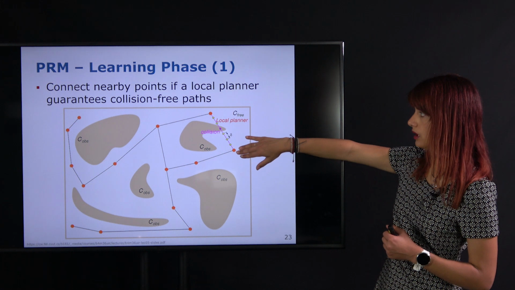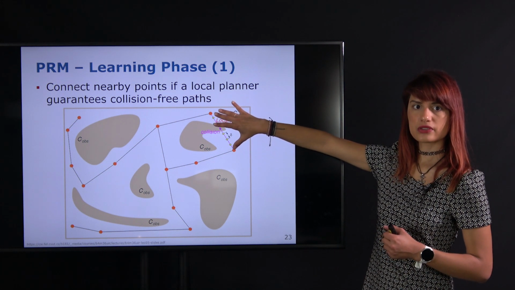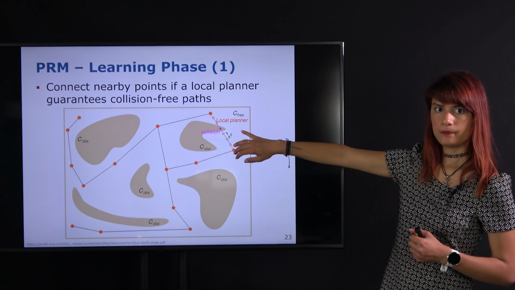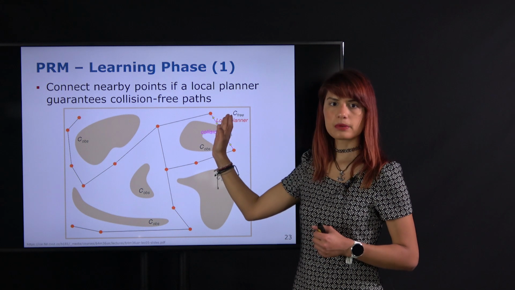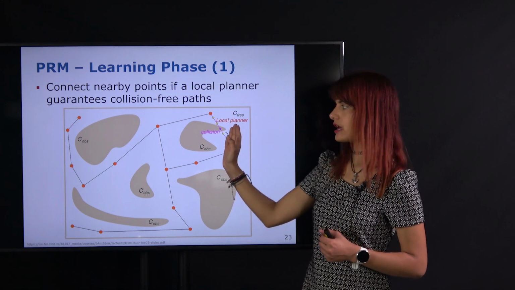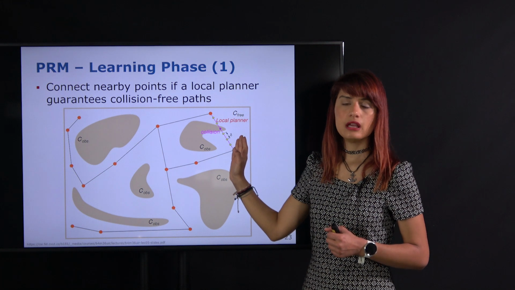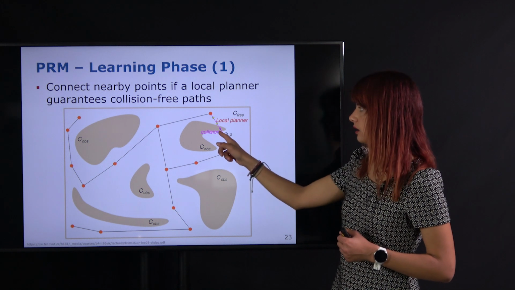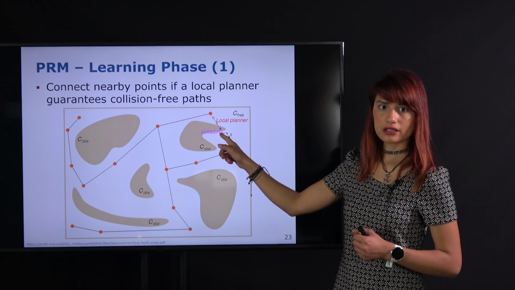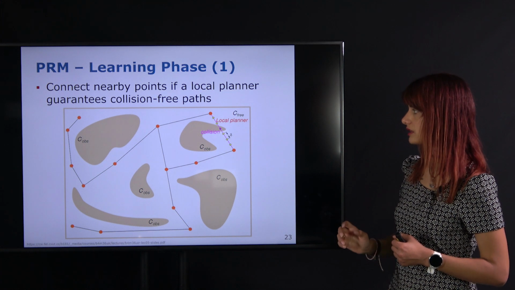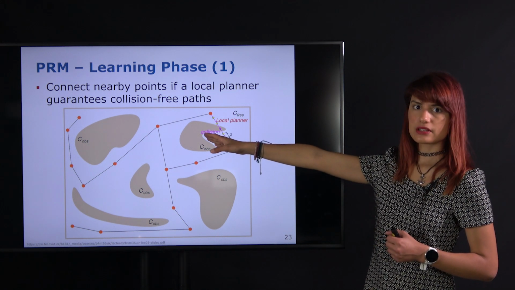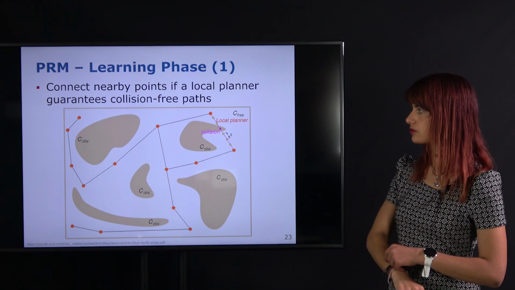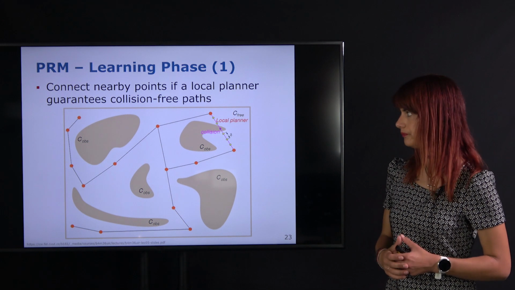And so for example, over here, if we were checking whether these two nodes are in collision, we can connect them with a straight line path and then apply that subsampling strategy to see if any of the intermediate configuration is actually in collision. So in this case, we saw that over here, the pink sample of the straight line path does intersect this obstacle, and then we would not create an edge in a roadmap between these two nodes.